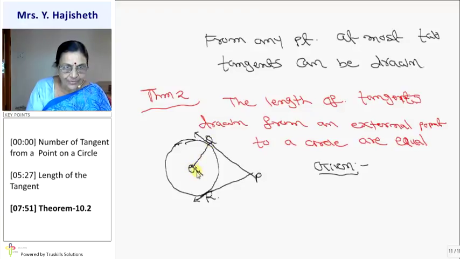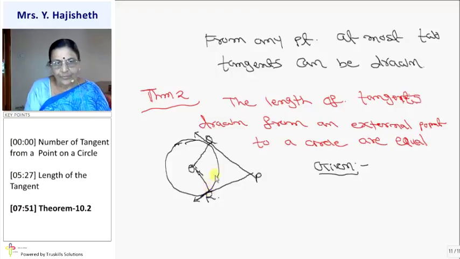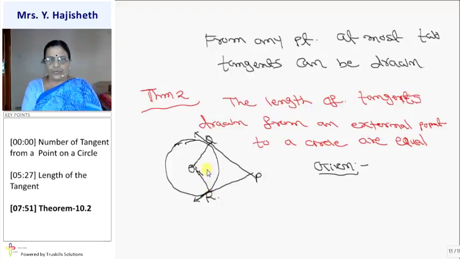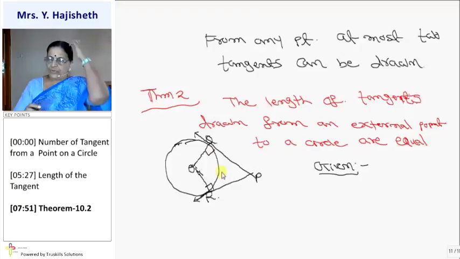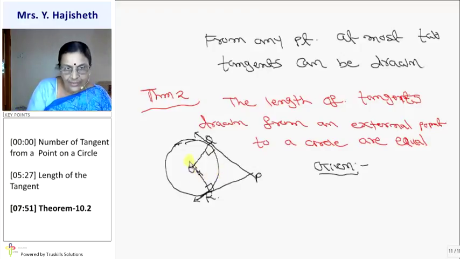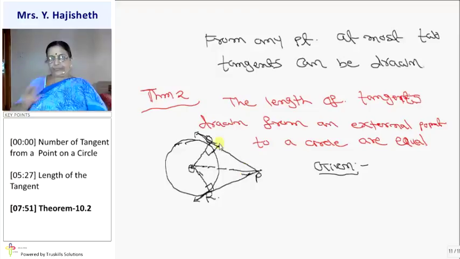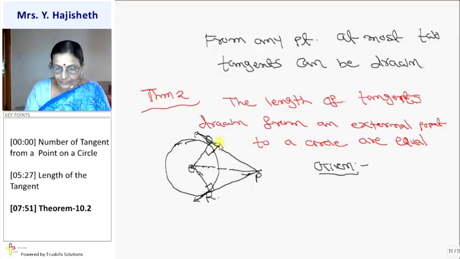You know very well, OQ and OR are perpendicular. OQ is perpendicular to PQ and OR is perpendicular to PR. We have learned this theorem, theorem number 1: a tangent is always perpendicular to the radius drawn from the point of contact. And I join OP also in order to form two triangles. Figure ready हो गई.